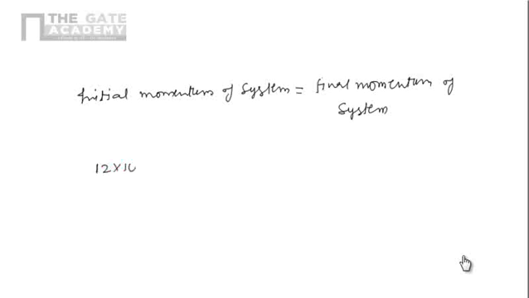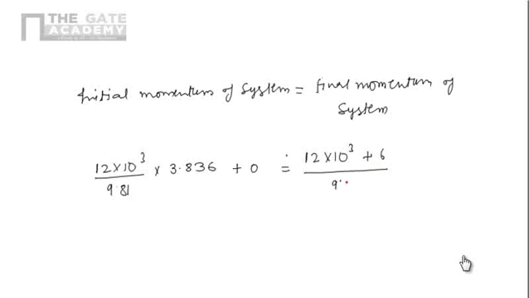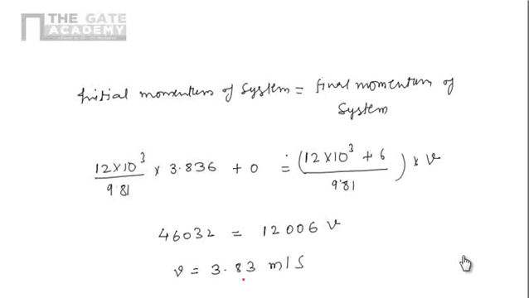So we can write 12 into 10 to the power 3 divided by 9.81 into 3.836 plus 0 equals the final momentum of system, 12 into 10 to the power 3 plus 6 divided by 9.81 into V. If we simplify it, we get 46032 equals 12006 V. So we get the value of V, which is 3.83 meter per second.